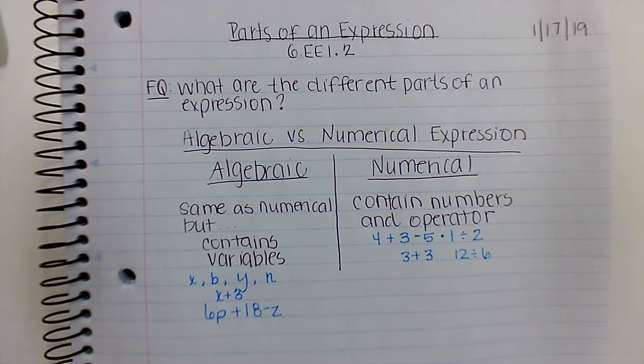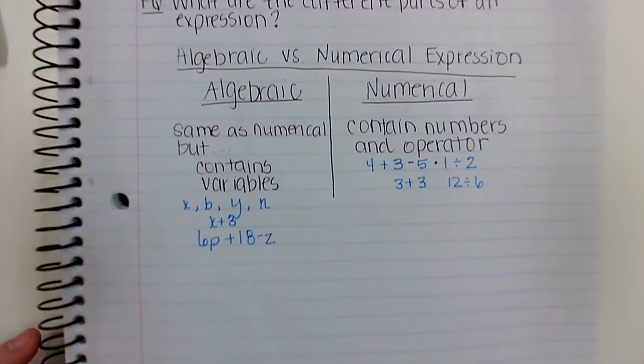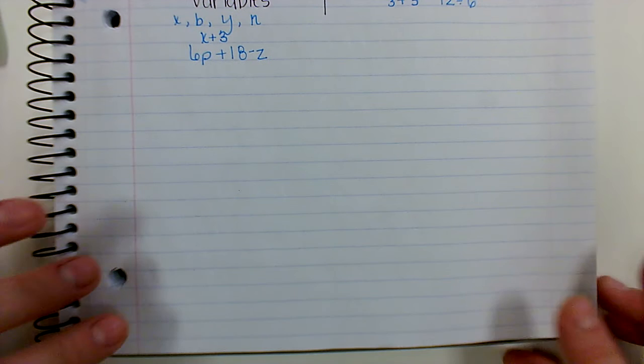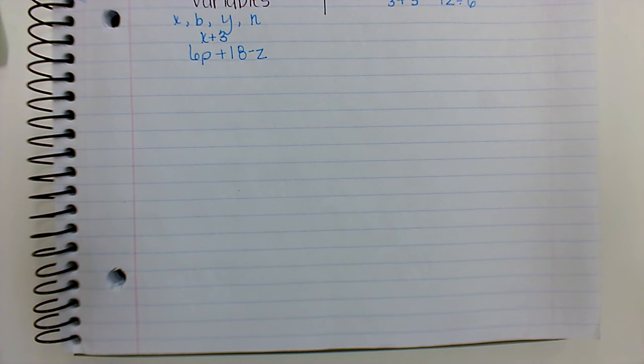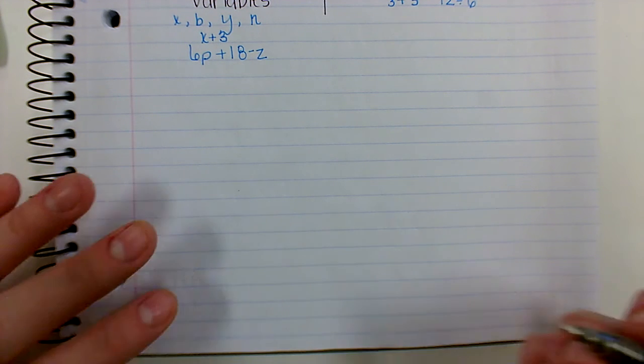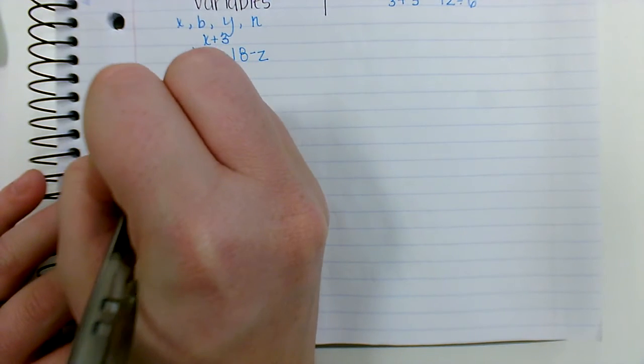Now we're going to talk about the parts of an expression. There are 3 parts.